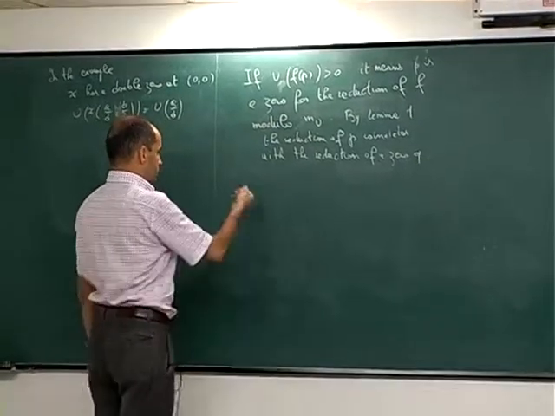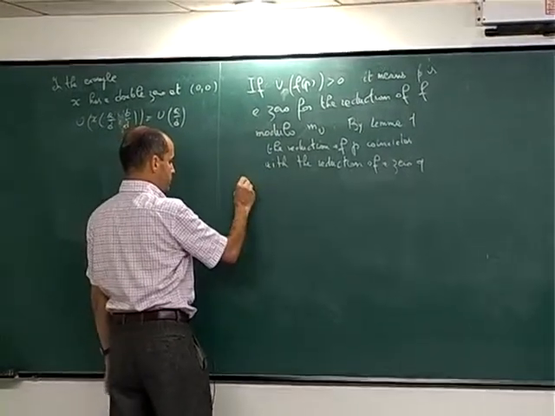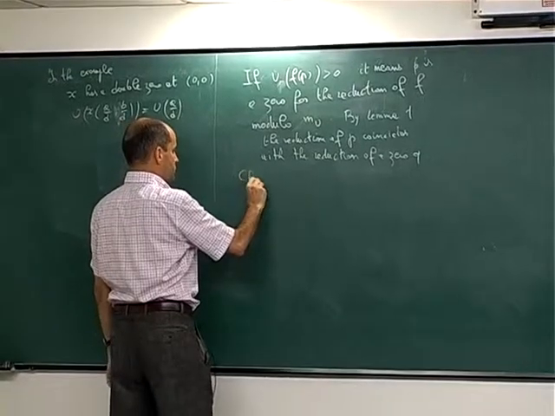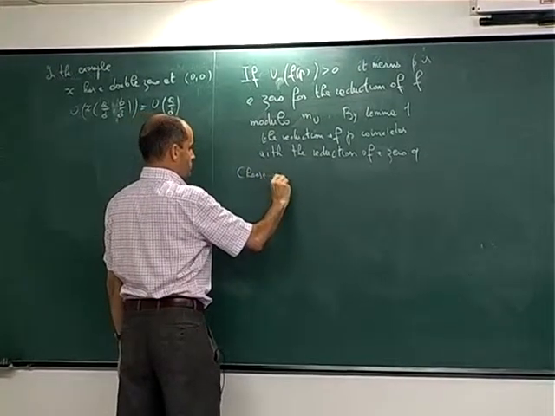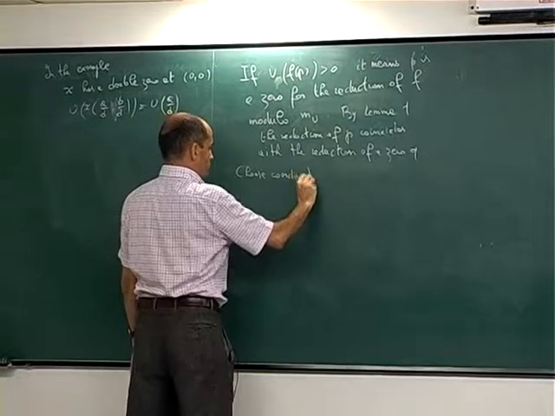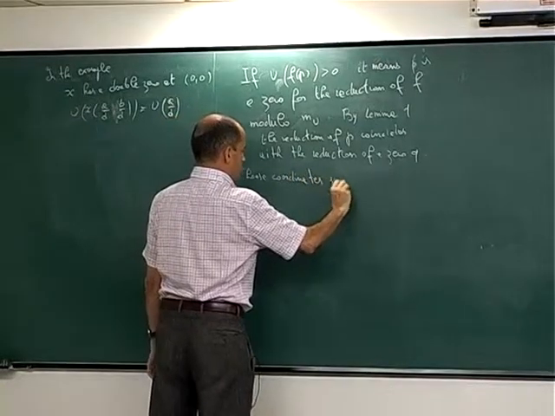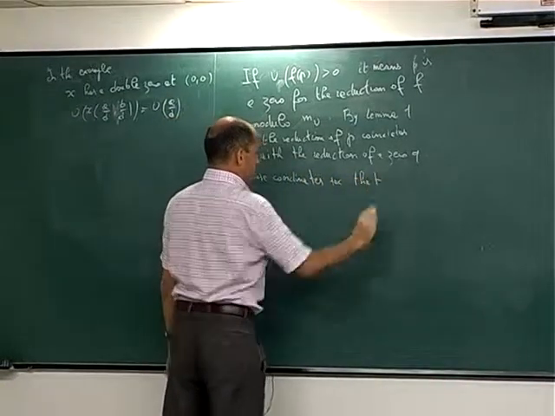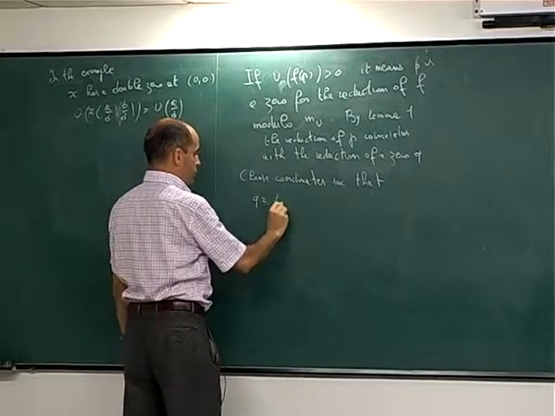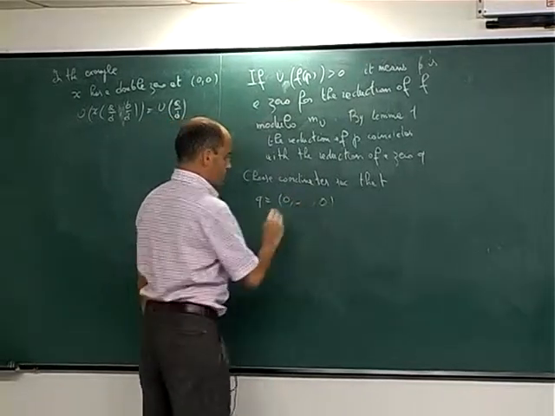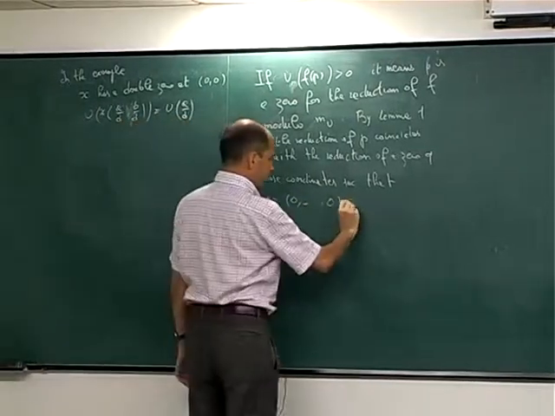Now we choose coordinates such that Q is the point which is the origin in A^m.